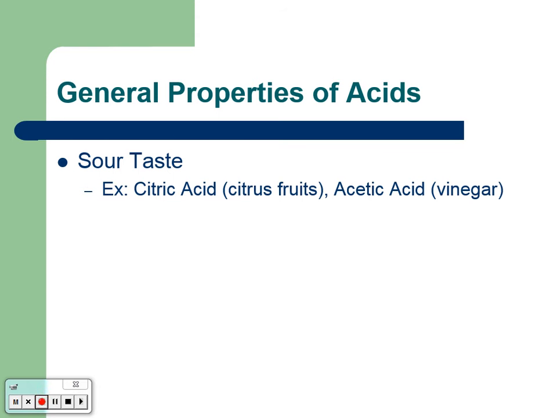So, an acid's not technically an acid until it's mixed with water? Technically, no. Right? Because hydrochloric acid is HCl, but if you just have one hydrogen and one chlorine bonded together, it's actually a gas. Right?